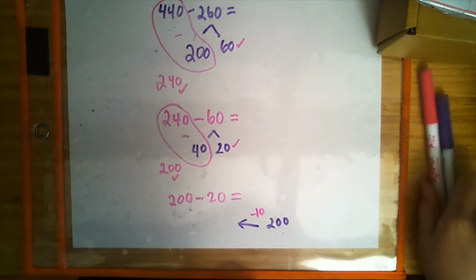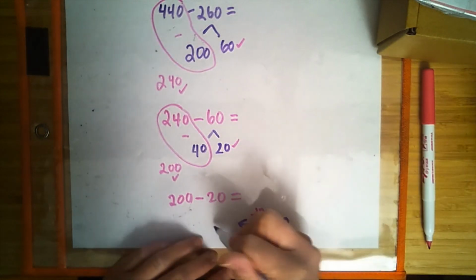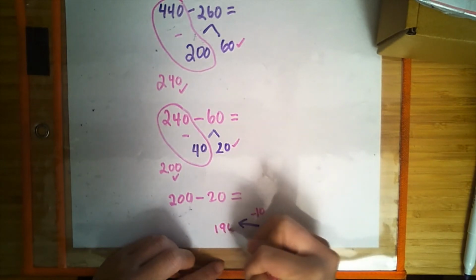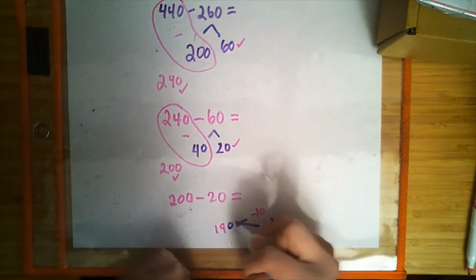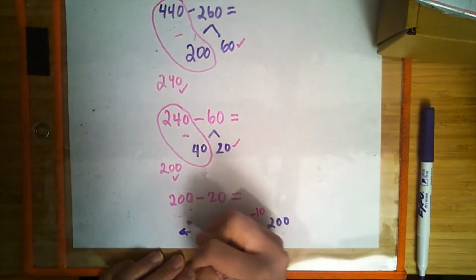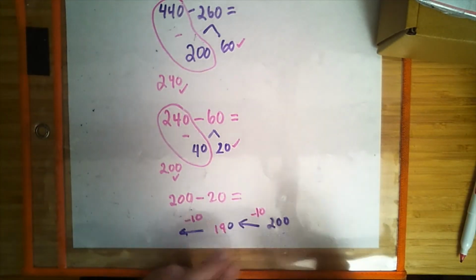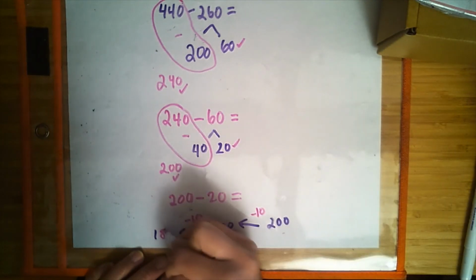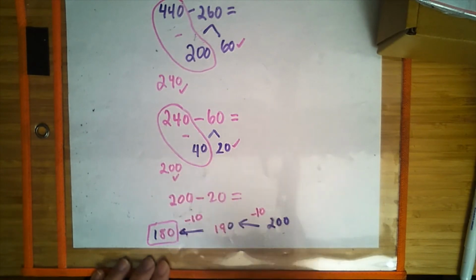So 10 less than 200 is actually 190. And then 10 less again, or 10 less than 190, is 180. Therefore, my solution is 180.